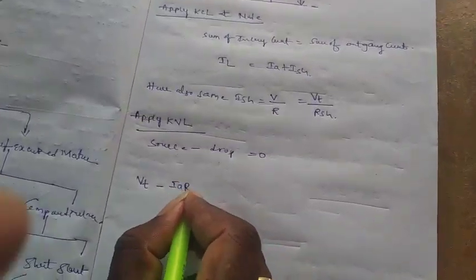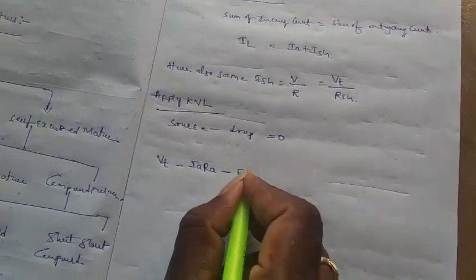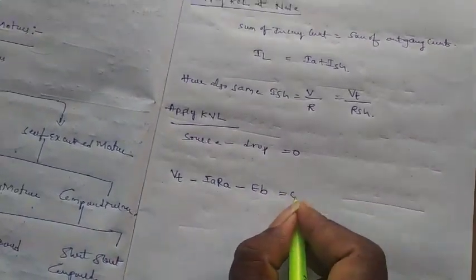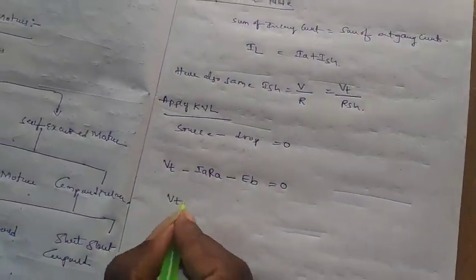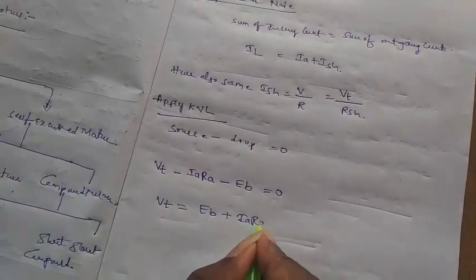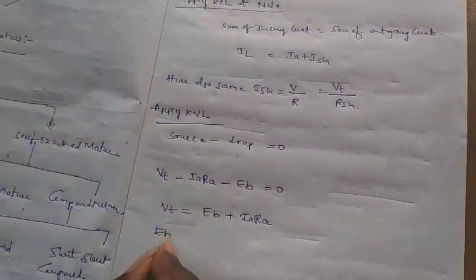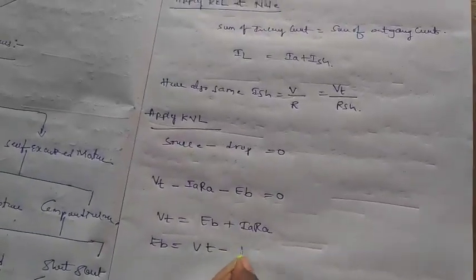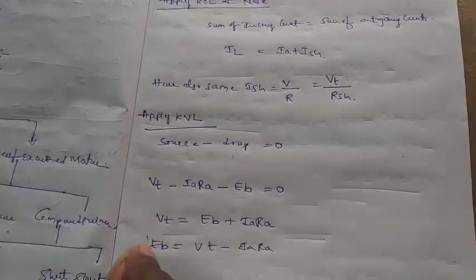In the armature. VT minus IA RA minus EB equals 0. Here terminal voltage VT equals EB plus IA RA. So EB equals VT minus IA RA.